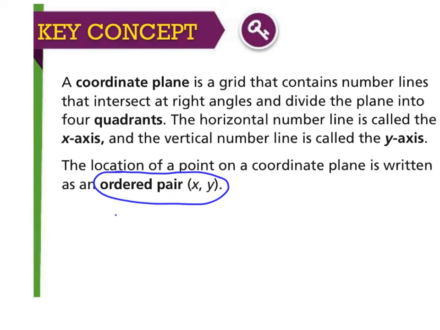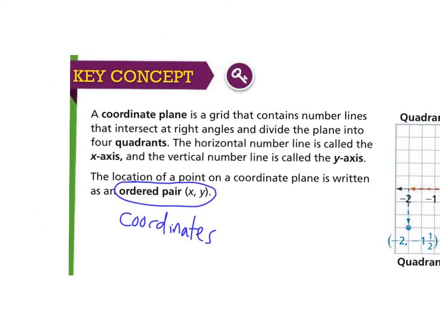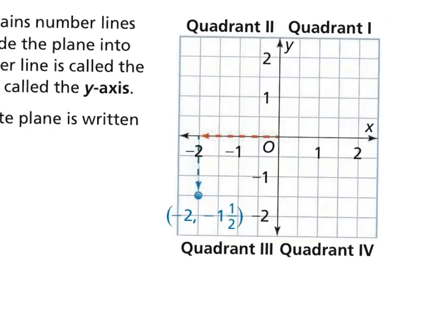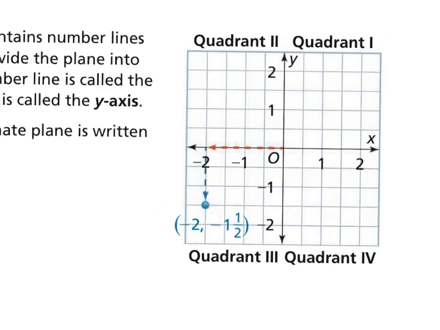Sometimes it's called the coordinates, and sometimes they call it an ordered pair. It is x comma y in parentheses. You can see an example here, and also what the 4 quadrants are again.